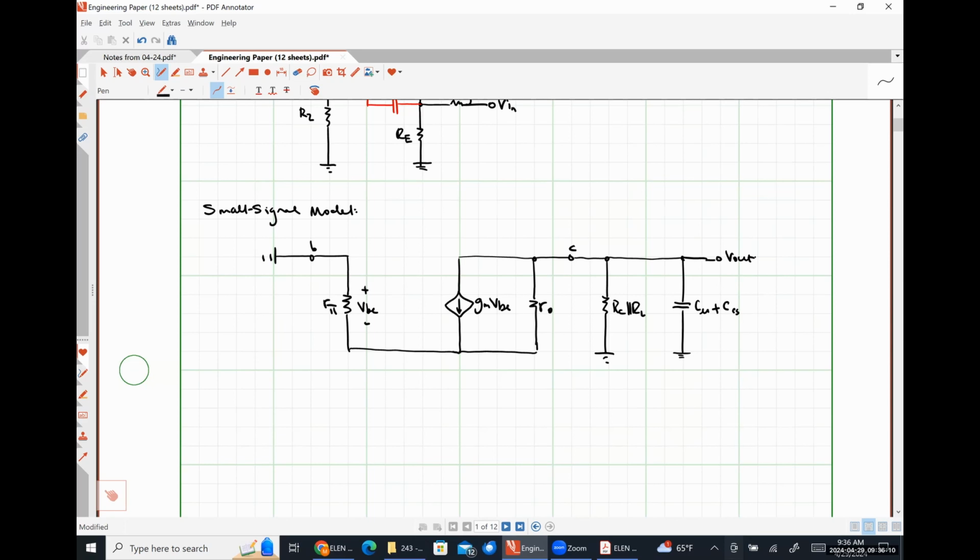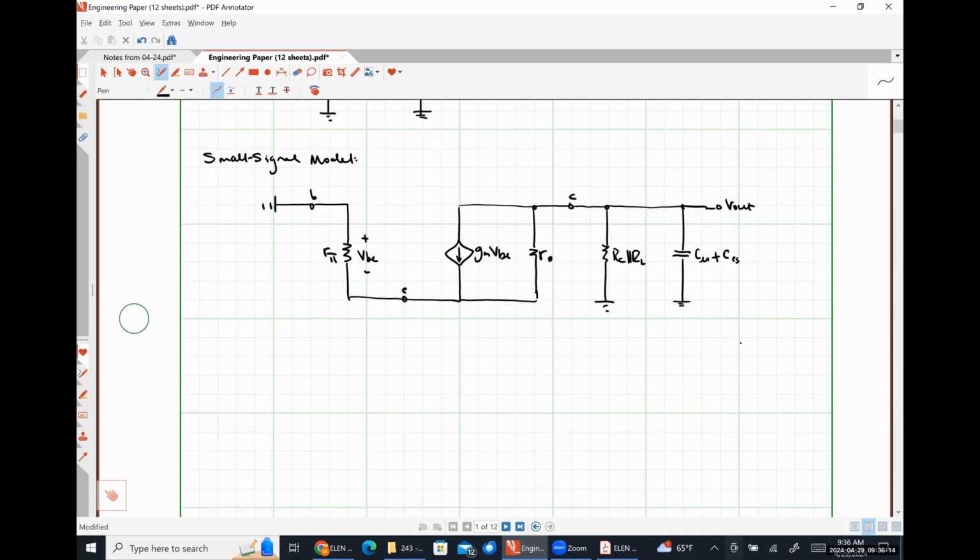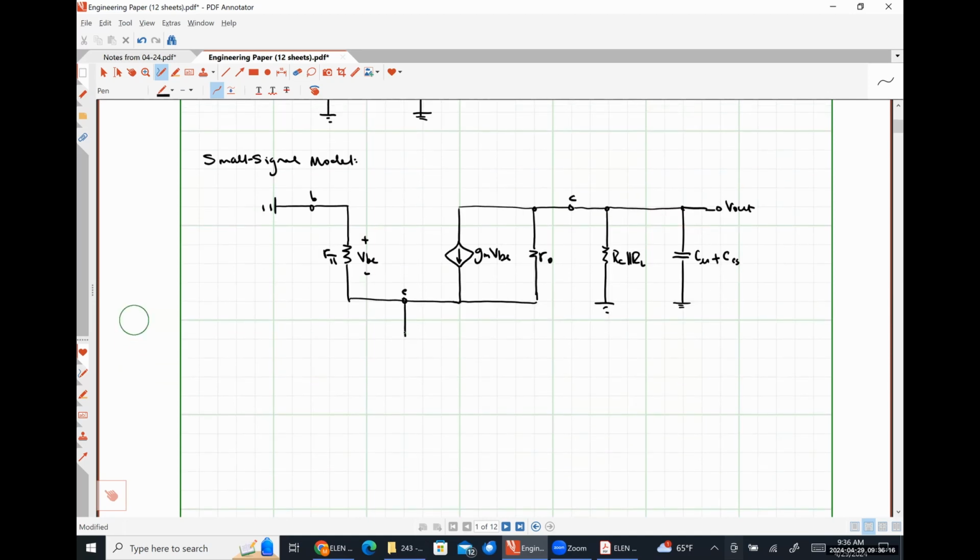Now, looking at my emitter node, I'm going to have a resistance R sig, and I'm going to apply my input voltage Vin here at this terminal of R sig. The other terminal of R sig is connected to my emitter.